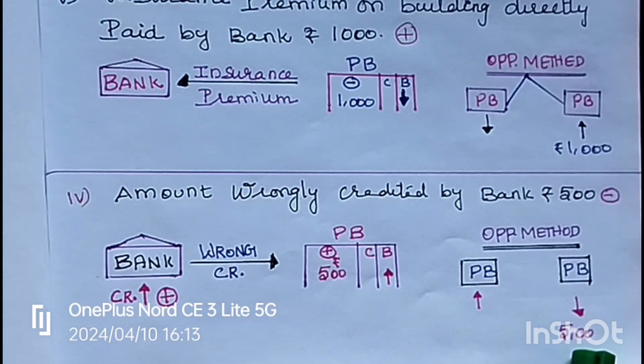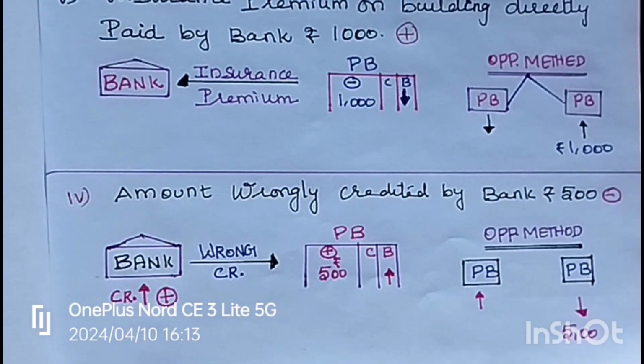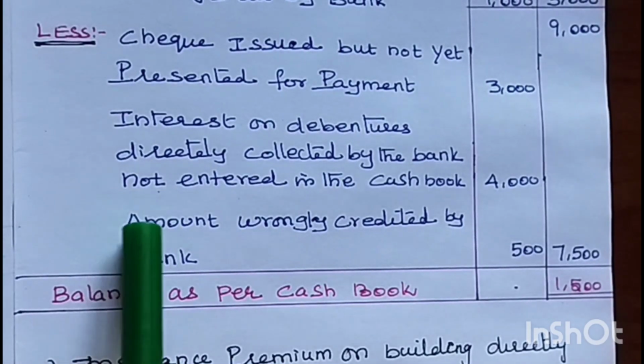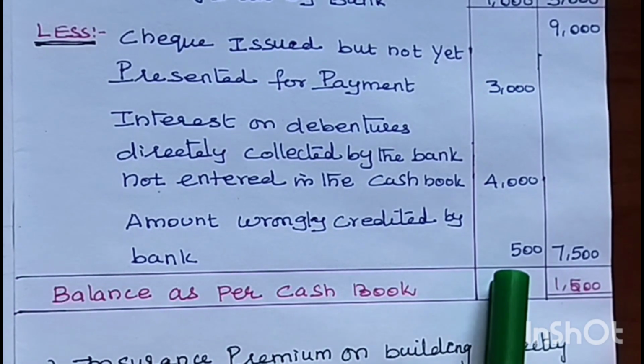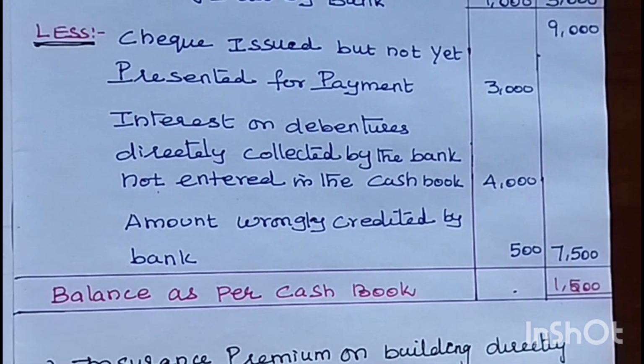So this transaction will be subtracted. In the less column, we have to write amount wrongly credited by the bank, and 500 rupees is to be entered in the inner amount column. We entered.